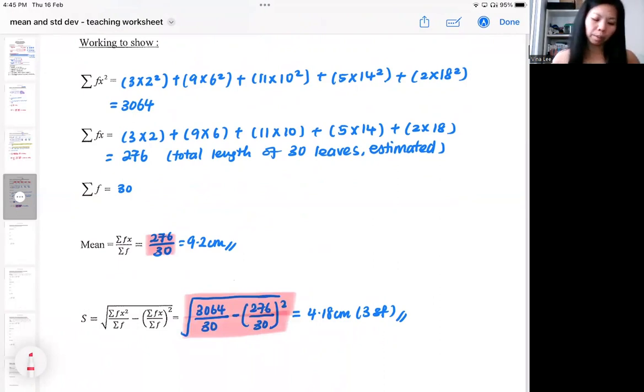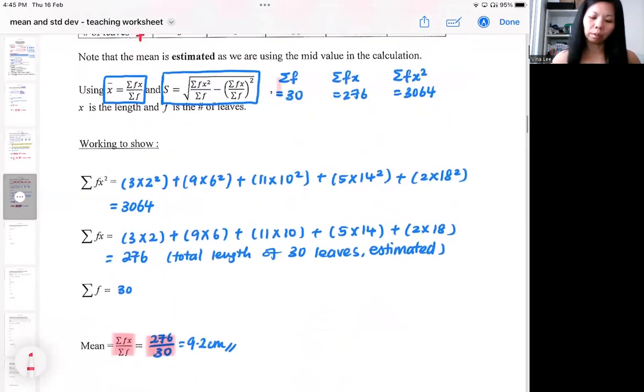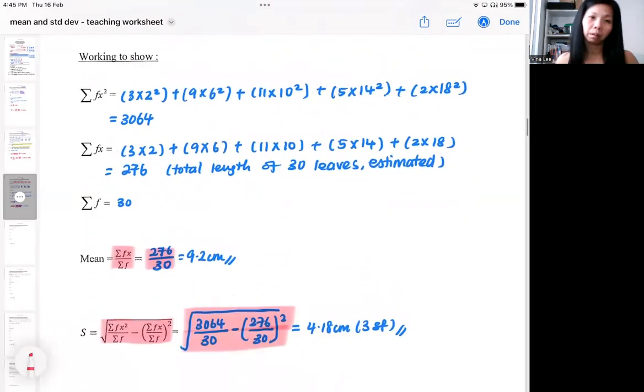So some teachers will make you write the formula. I think it's good that the teacher make you write the formula. So write the formula, input the items in the formula. So it must be shown. So if you want to be a bit more organized, you got to show the 3 items before you input the formula. That will be a bit more organized.